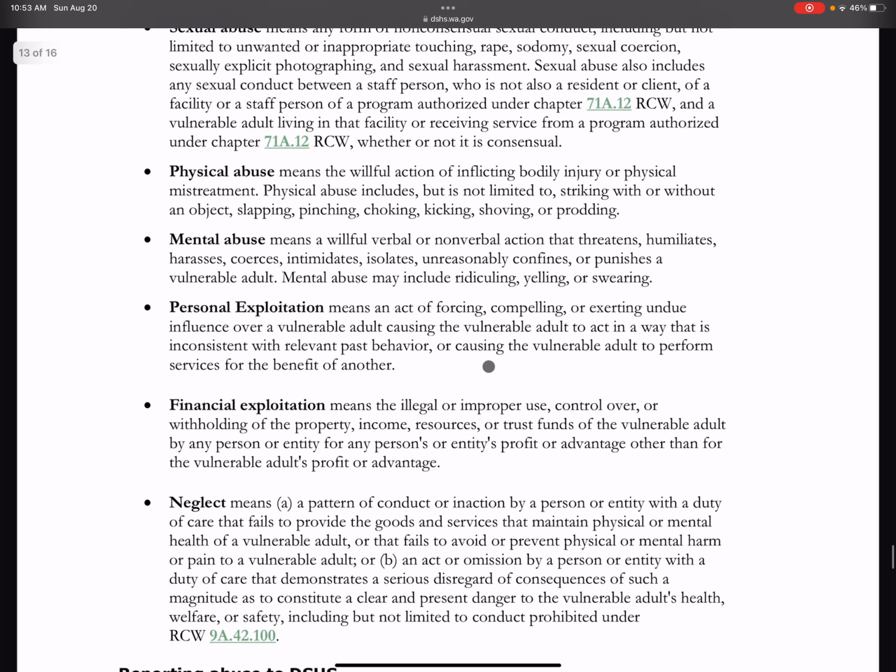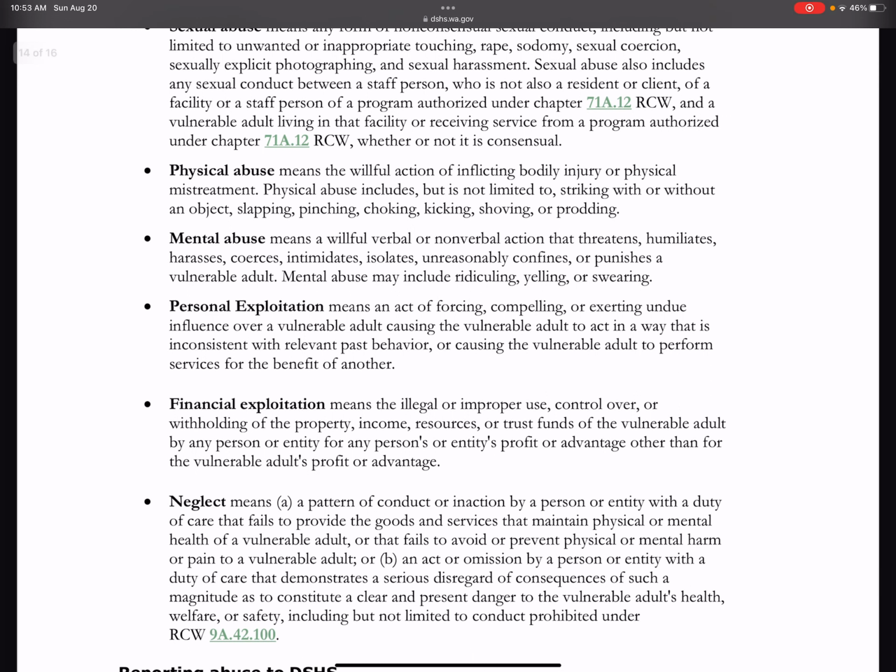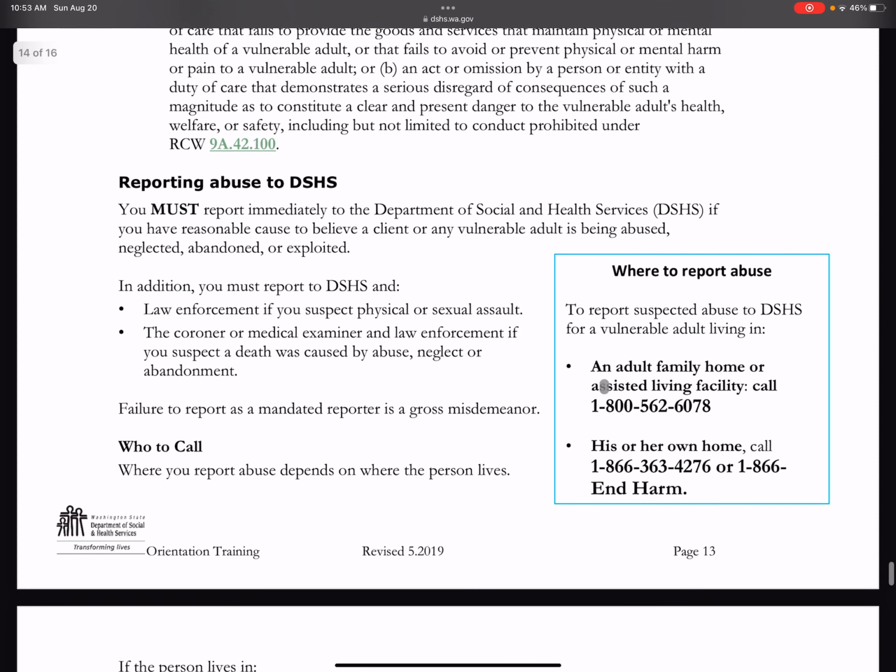These are all different kinds of abuse, as well as financial exploitation and neglect. All this you can read and study very well. It's very important. You need to know them, and you are a mandatory reporter, so you need to report. The numbers are usually posted in the adult family home or assisted living facilities.